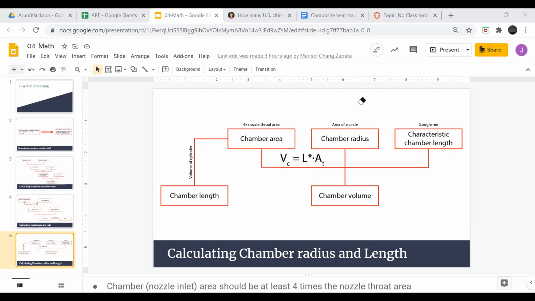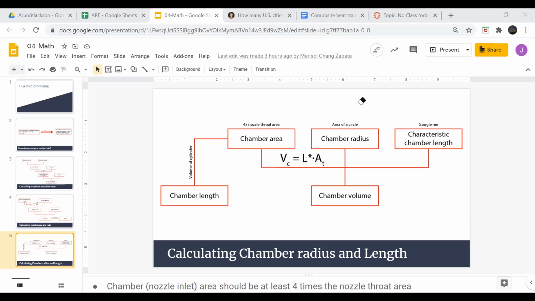Lstar is not something that CEA will give you. It's something you're going to have to do some Googling for. Otherwise, I think Arun said if you don't find one for your propellant combination, use an Lstar of 2 meters. For reference, for liquid oxygen and kerosene, which is the one that the Regen engine uses and a pretty common one, it's 1.3 meters.